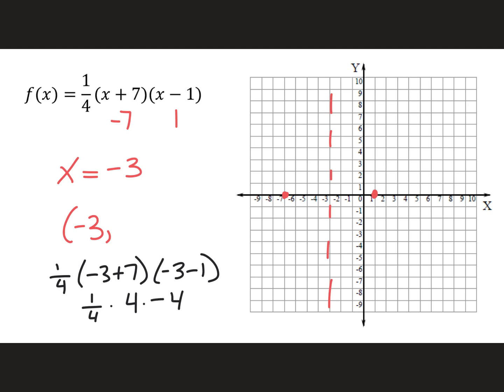Again, those two numbers are opposites. Well, 1/4 of 4 is 1. And 1 times -4 is just -4. So my vertex in this one is (-3, -4). I'm going to go here, (-3, -4), right here. And then there's my parabola. And it should be just a little bit wider because it started with 1/4.